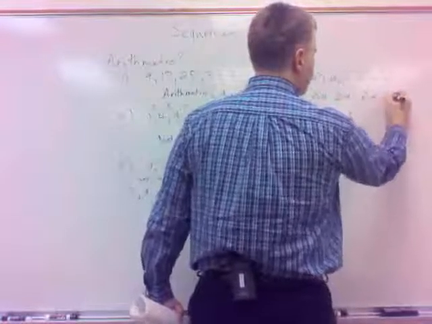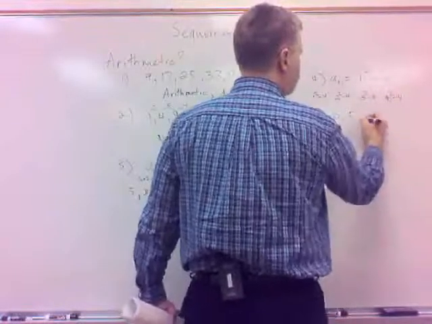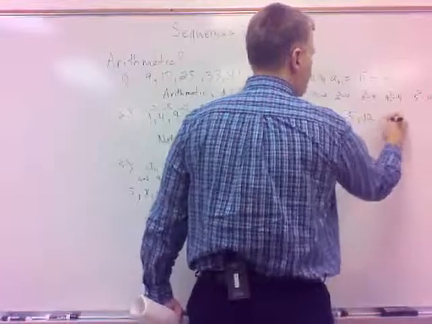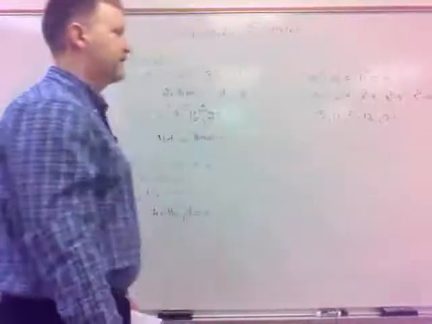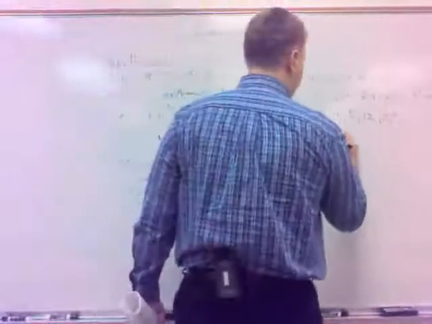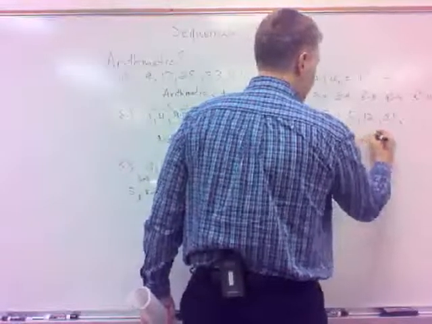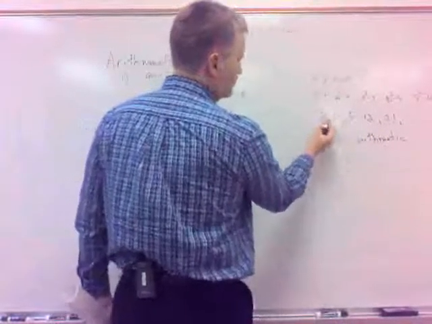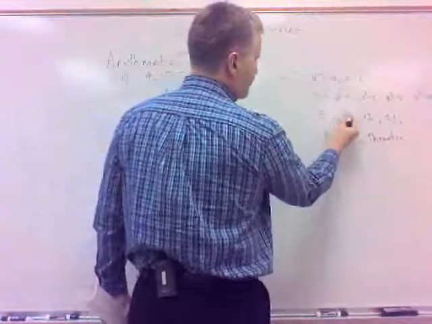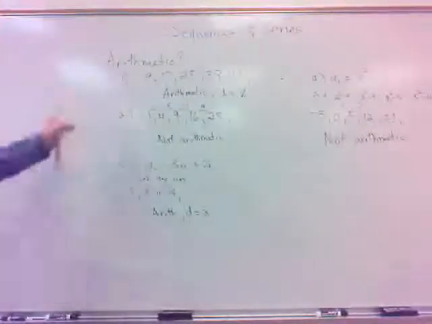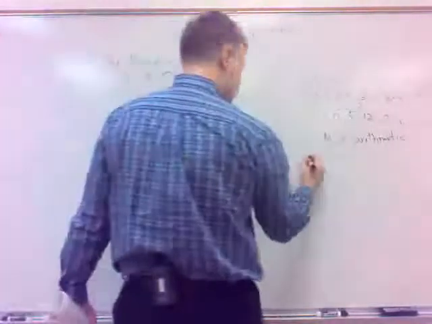Fourth term, 4 squared minus 4, 12. Fifth term, 5 squared minus 4, which is 21. Give us some more, but I think that's enough to say no. Not arithmetic. Yeah, there's not an equal spacing. This is 3, that's 5, that's 7, so it's similar to number 2 there, but I'll say more about that in just a second.